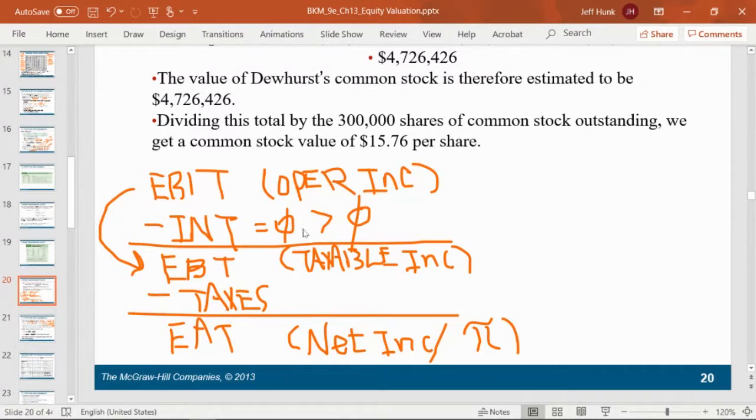I mean, if that is a positive number, the EBT will go down by as much as the interest. Right? It will go down. It will go down by as much as interest, right?